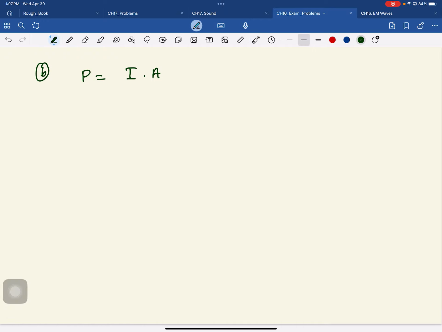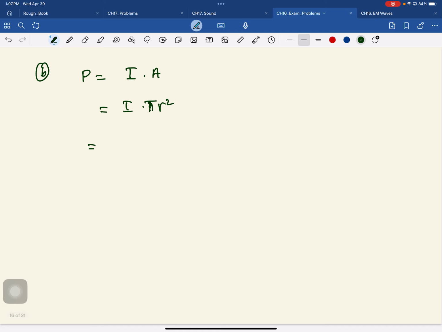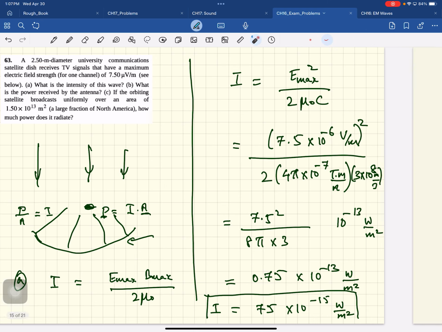So it equals intensity times pi r square, and the intensity was 75 times 10 to the minus 15 watts per meter square. The radius is, it's a 2.5 meter diameter, so 1.25 meters.